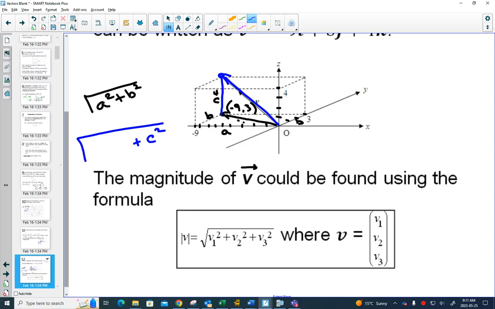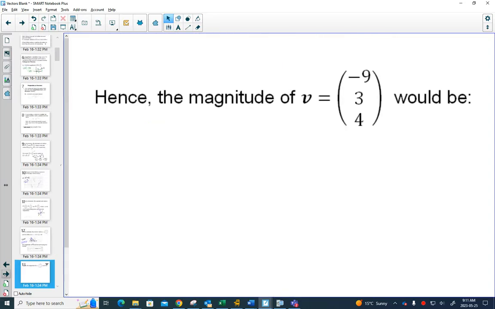Well, what happens when I square the a squared plus b squared in the square root? It just becomes a squared plus b squared plus c squared all in a square root. Nice to see where it comes from. It's just doing the Pythagorean theorem twice, but it's kind of relieving sometimes in math where the next stage is just as simple as the first stage. So in 3 dimensions, if you want to find out how long something is, you just need to do a squared plus b squared plus c squared in the square root.